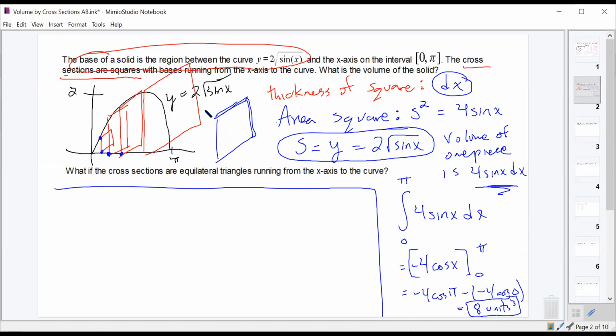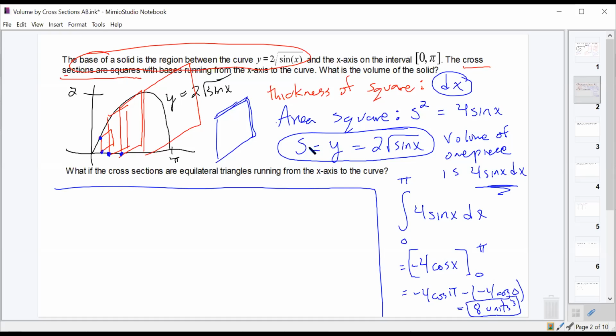And then the area of the base of this square, the area of this face that we've got here, is just the side length squared, and the side length is just the height of this function, because each of these little squares has a side length that goes from the x-axis to the height of the function, which is 2 root sine x.